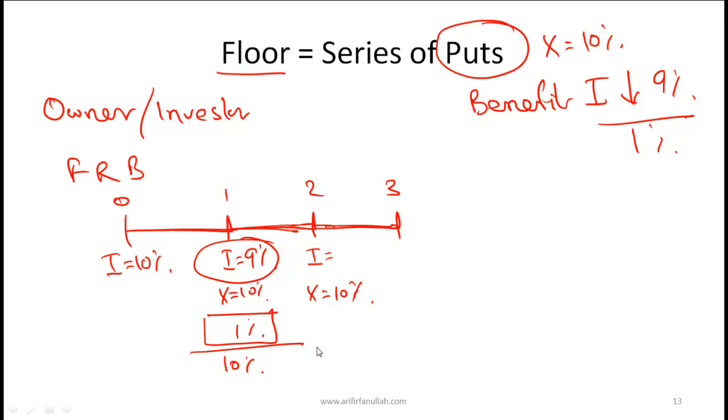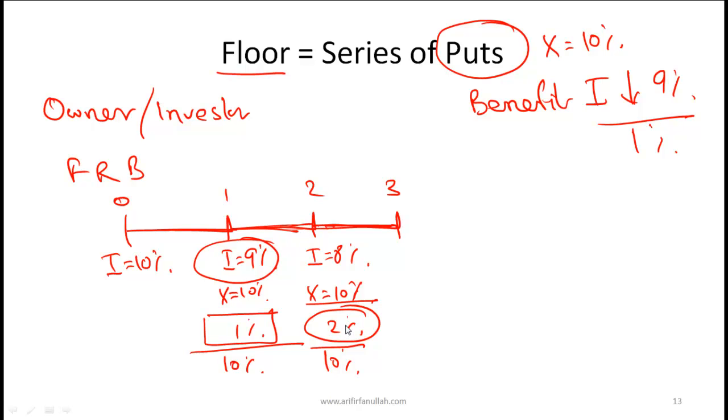And at the end of year 2 or beginning of year 3, if the interest rate is down to 8%, the bond is going to pay you 8% for period 3, but because of the interest rate put option your benefit is 2%. Your overall rate then will be the 2% plus the 8%, which is 10%.